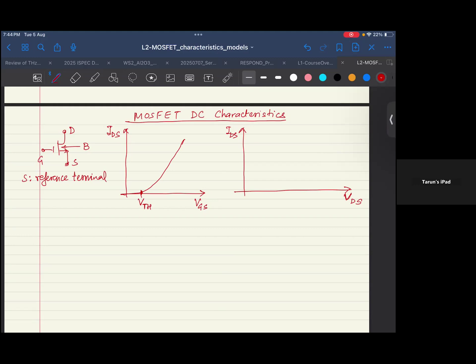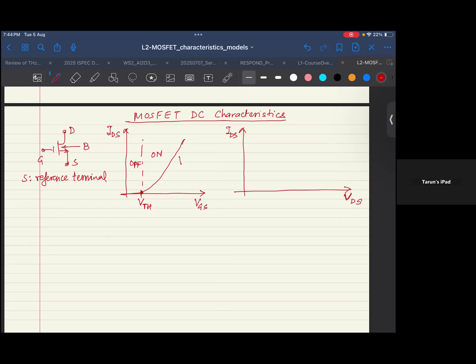So that is what we could demarcate as the off region, or cutoff, as we call it. And this is the region where your transistor is on and there is a channel, right? Below threshold, there's not appreciable charge in the channel to flow, but above threshold, there is charge to flow.